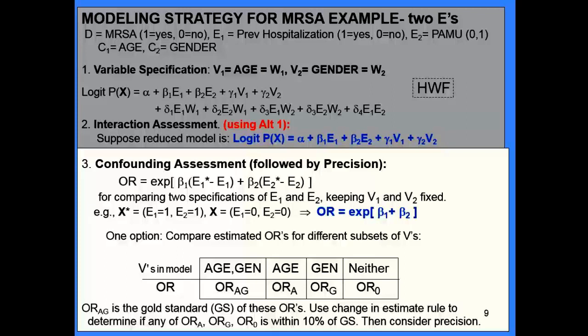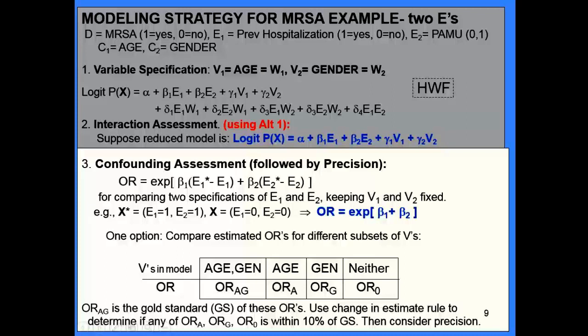If it's 1 versus 0, and you remember the formula for the odds ratio in this model, you're controlling for these variables, given these are fixed.